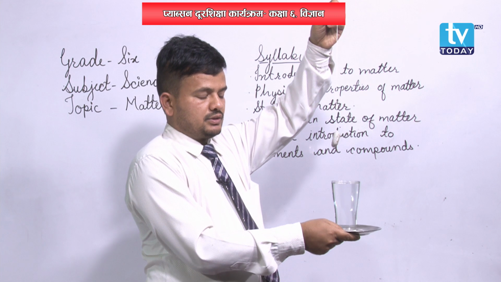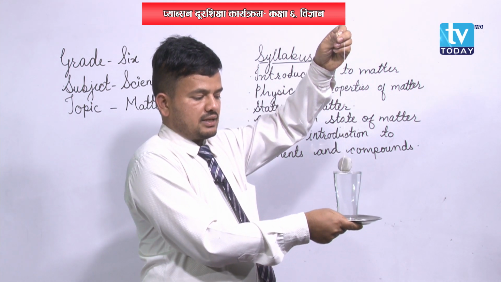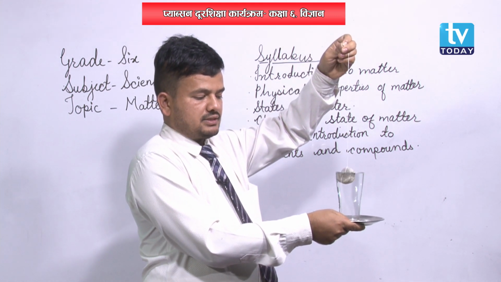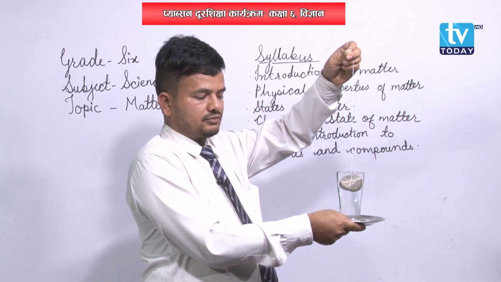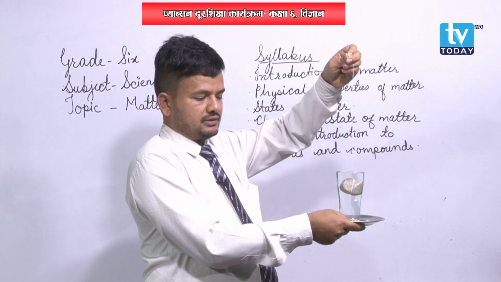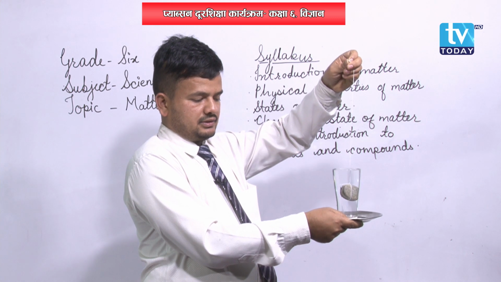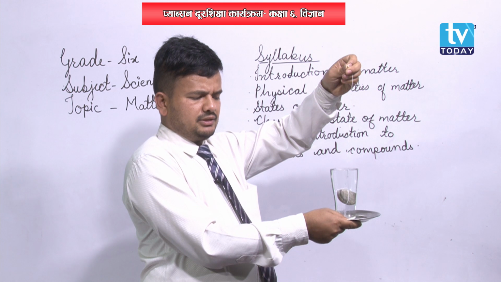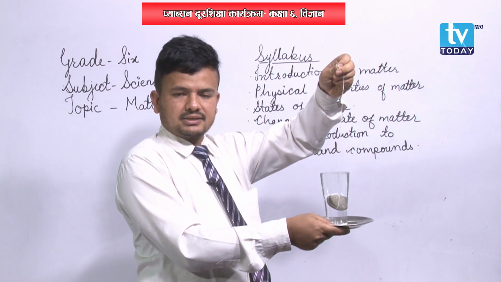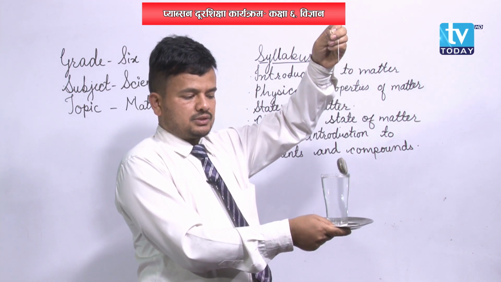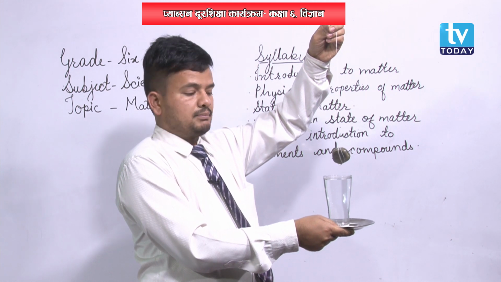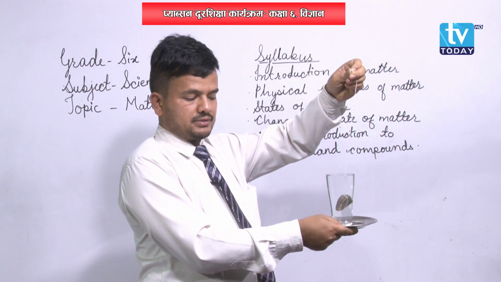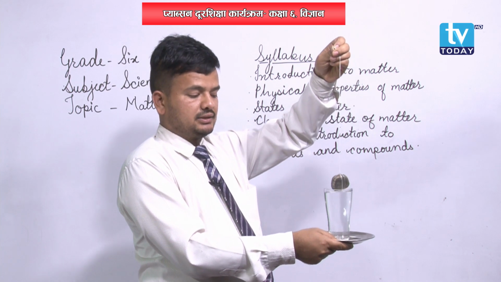When I put this stone inside, you can see the water coming out from the glass. Can you tell me why the water comes out? Before dipping the stone, the water does not come out, but after dipping it, the water comes out. What is the reason?